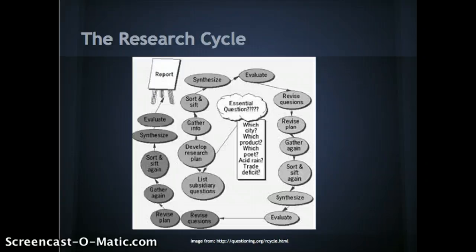The students then gather their information and sort and sift through the different resources to find the ones that are most relevant to their topic. The next step is to synthesize and then evaluate what has been done. The quality of the report is evaluated, and then the cycle is repeated through a revision process until it is ready to be reported.